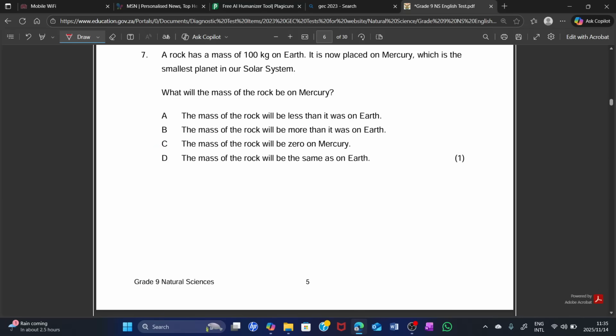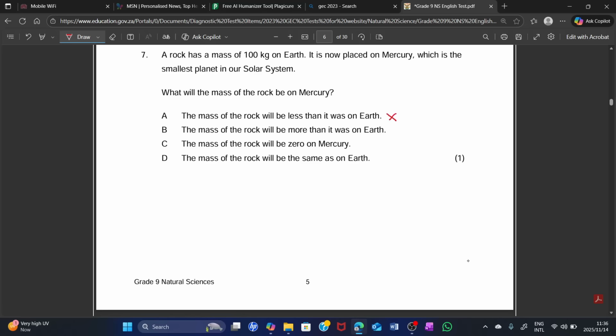A rock has a mass of 100 kg on Earth. It is now placed on Mercury, which is the smallest planet in our solar system. What will the mass of the rock be on Mercury? Okay, let's see. The mass of the rock will be less than it was on Earth?